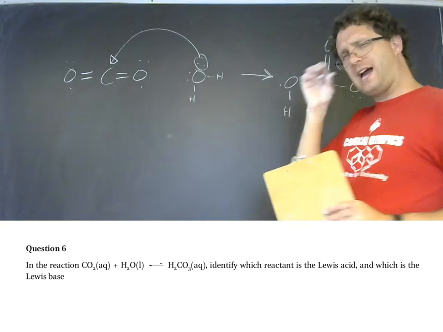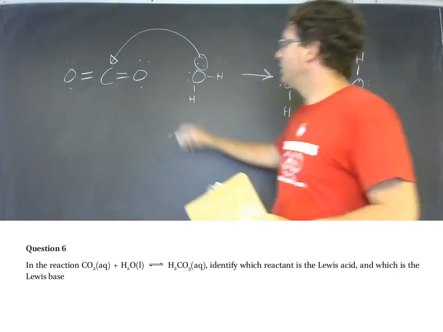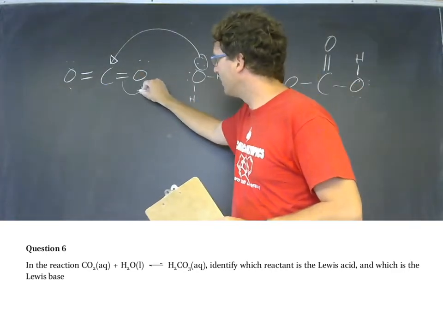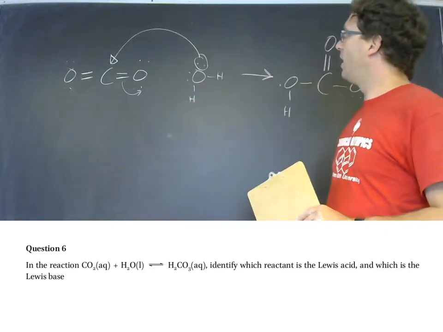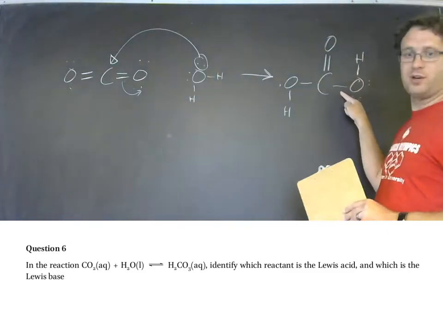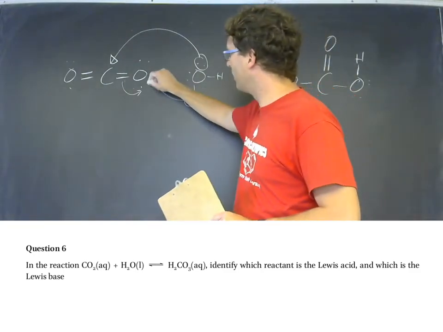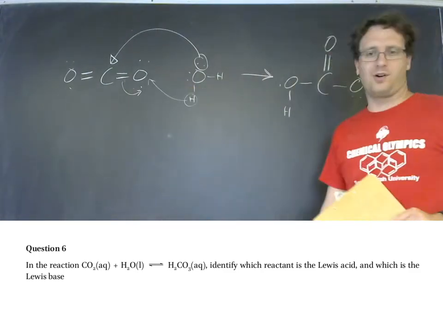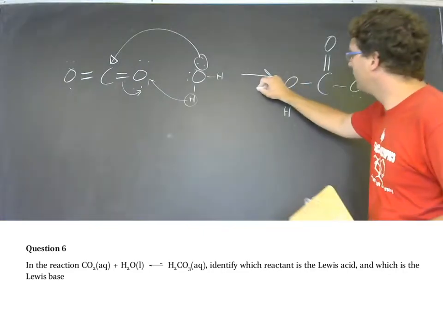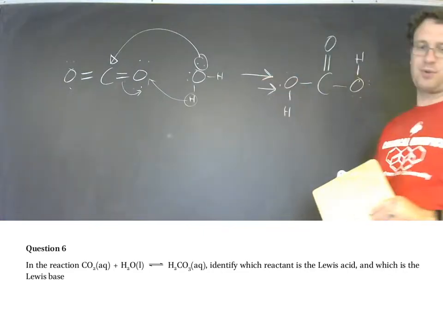And then there actually are some rearrangements. One of these electrons is going to go on one of the oxygens, so that we have 2 single bonded oxygens, and then one of these hydrogens is going to jump over to that other oxygen. So really, we should say this is a multi-step process.